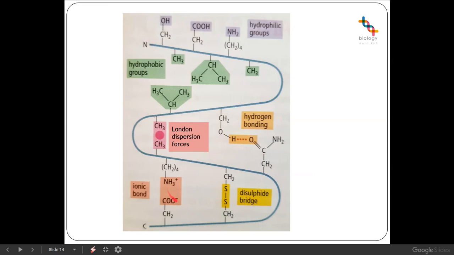So these groups are quite strongly charged and are going to attract each other. And we also may have something called a disulfide bridge, and that might form as a result of covalent bonds between any R groups which also contain a sulfur atom. So any or all of these types of bonds will influence how the protein itself is actually folded and give it its overall shape.